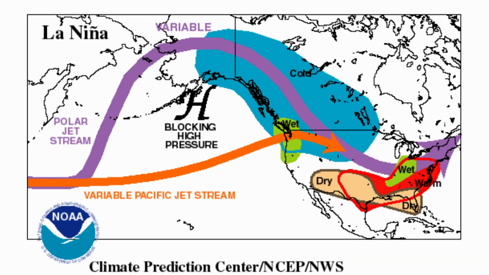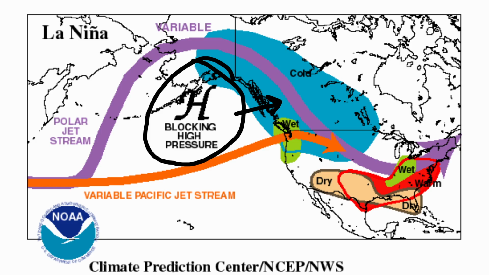If we look again, just a quick chart of what a La Nina typically does, you have a high pressure somewhere over the Gulf of Alaska. If this is a little bit further to the east, then the cold air will also be further to the east. If this is further to the west, which normally it's not that far to the west, but if it is, then you would probably be dealing with the cold air also moving further to the west.